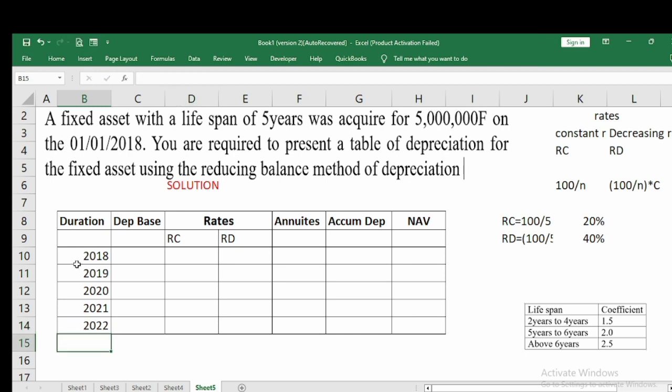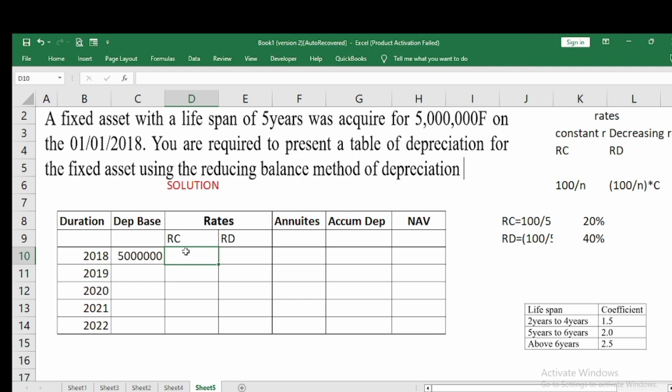Awesome. 1, 2, 3, 4, 5. So this is the duration, the entire life cycle of the fixed asset. And our depreciation base now is the original amount, or the OV, which is 5 million.